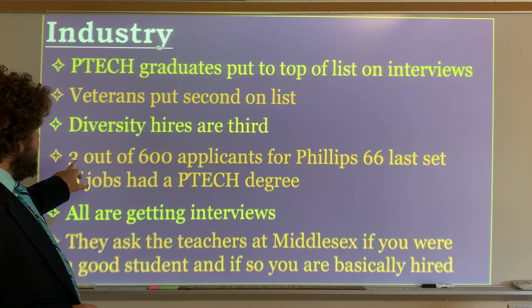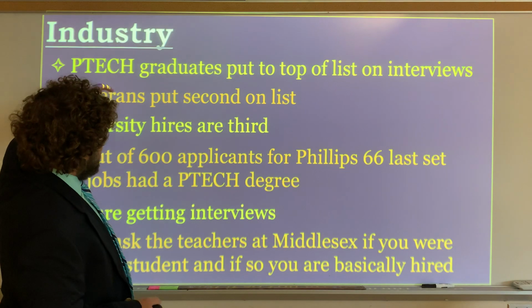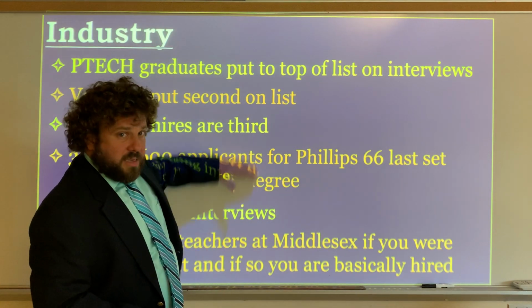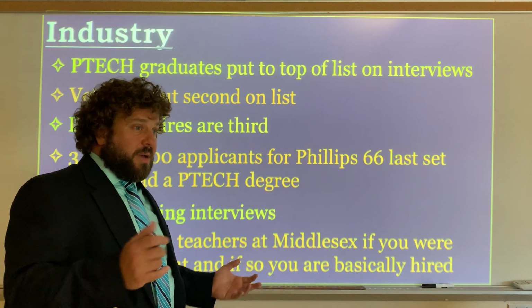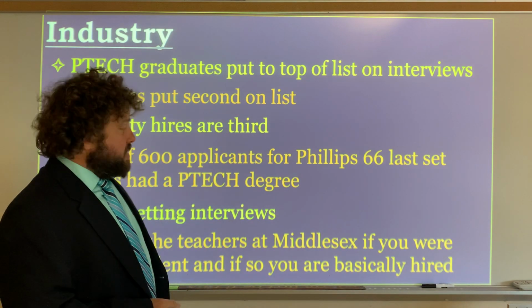Guess what? Those 3 out of 600, their name went to the top. Then they put a couple veterans, then they put a couple diversity hires, and then these are the people that get the interview. The other, say, 570 people, even though they might be almost as qualified, you can't interview 600 people.